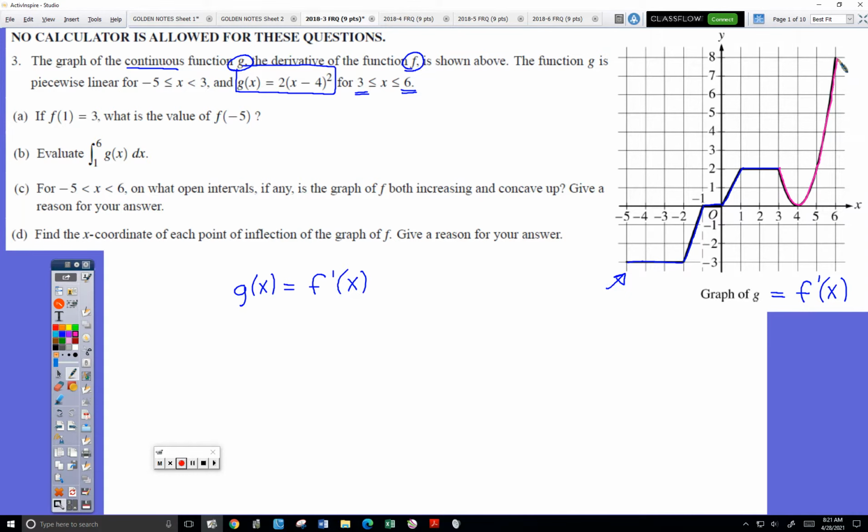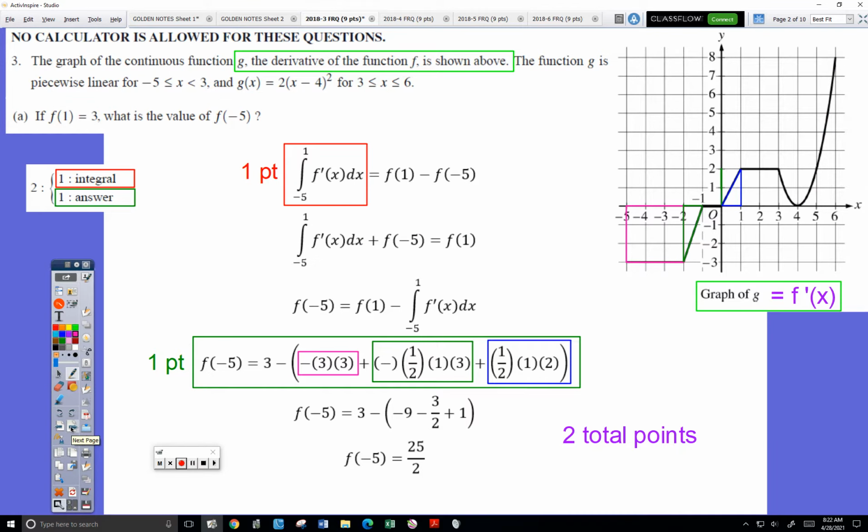If f of 1 is equal to 3, what is the value of f of negative 5? So once again, they're giving me a rate, f prime, and they're asking for an amount. So that means I use the fundamental theorem to go from a rate to an amount. I write the fundamental theorem as it applies to f.